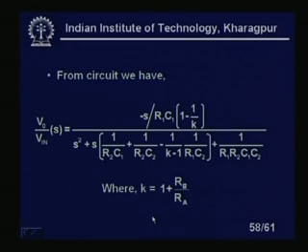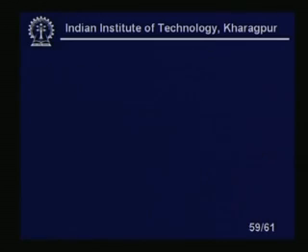From the circuit I can write that Vo(s) by Vin(s) is minus s over R1 C1, divided by s square plus s times (1 upon R2 C1 plus 1 upon R2 C2 minus 1 upon K minus 1 upon R1 C2) plus 1 upon R1 R2 C1 C2. Here K equals 1 plus RB by RA. These two resistances are different, and I want to distinguish it from the positive feedback topology. That is the reason we have given the names RB and RA.